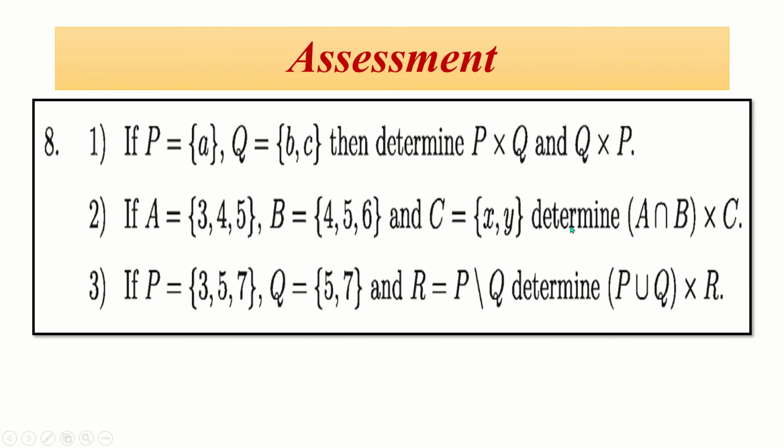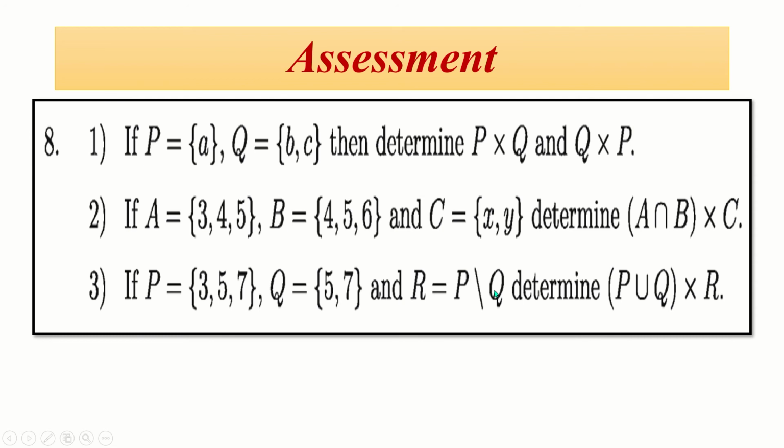And here, at first you have to find the value of A intersection B. A intersection B means {4, 5}, and Cartesian product with C, that is {4, 5} × {x, y}. That means (4, x), (4, y), (5, x), (5, y). That is the required answer. Very easy.